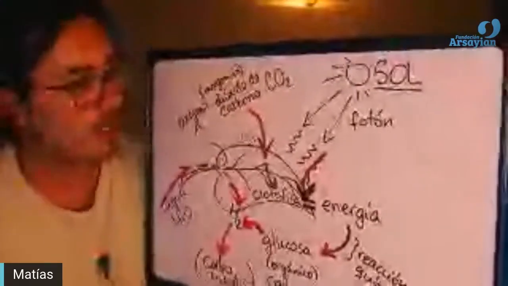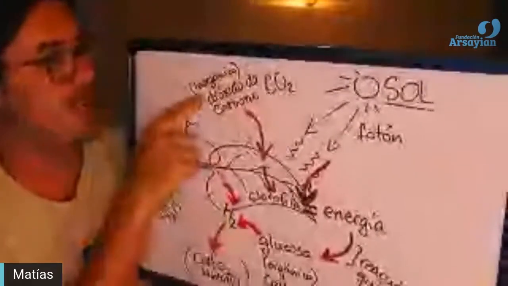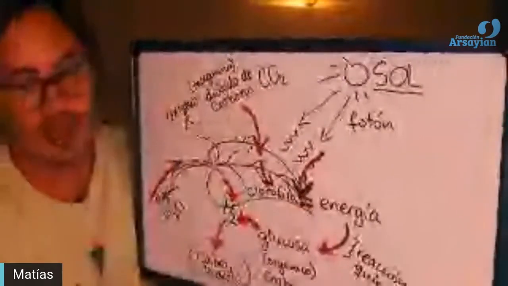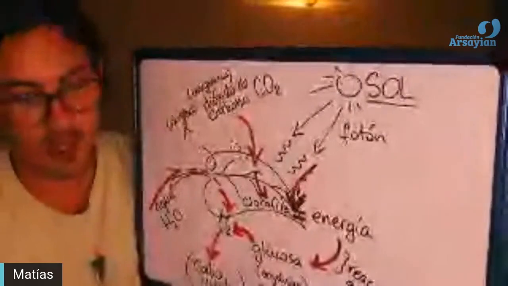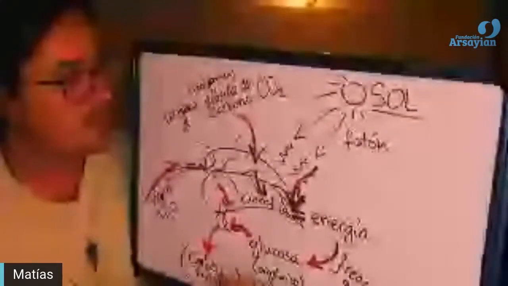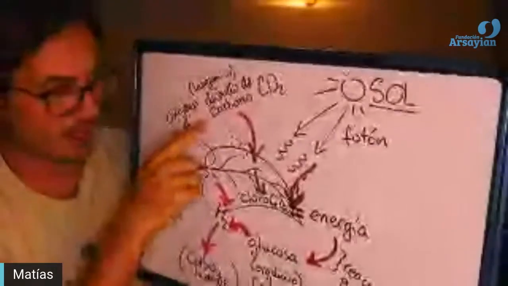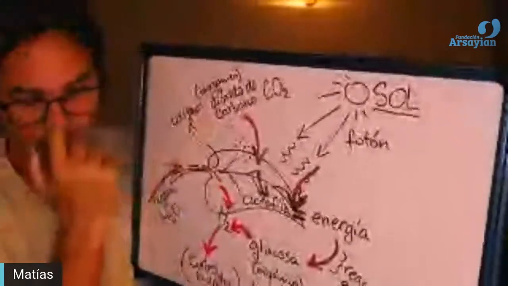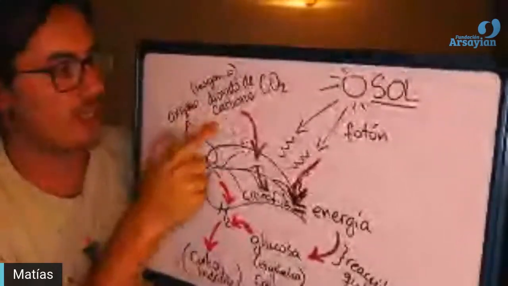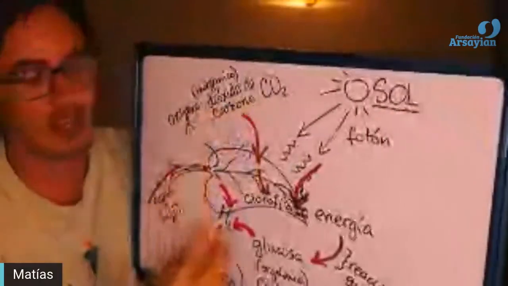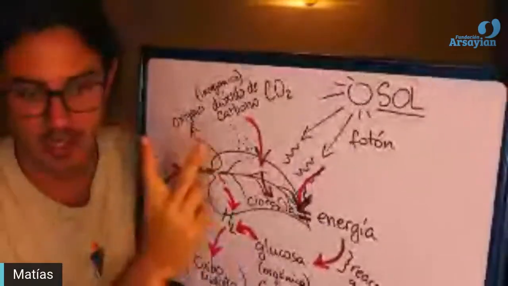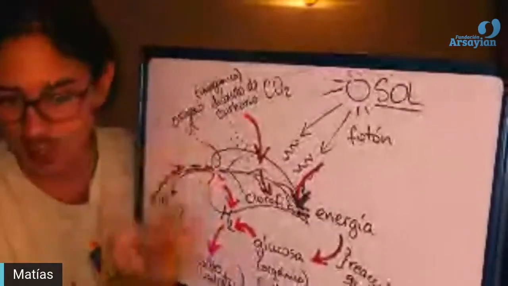The way in which it does it is taking the inorganic materials that are around in the environment. For example, the carbon dioxide, which means carbon dioxide is one carbon, and dioxide, di is 2, and oxide is oxygen.